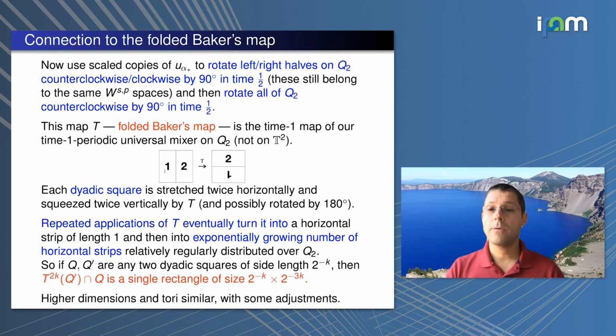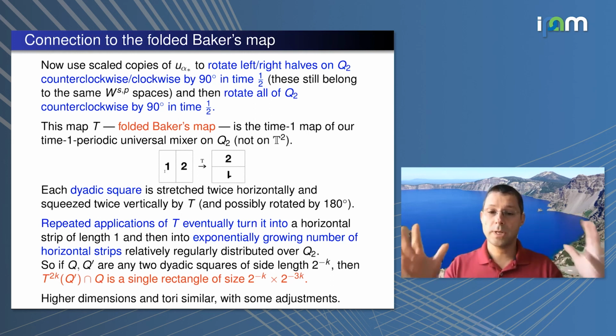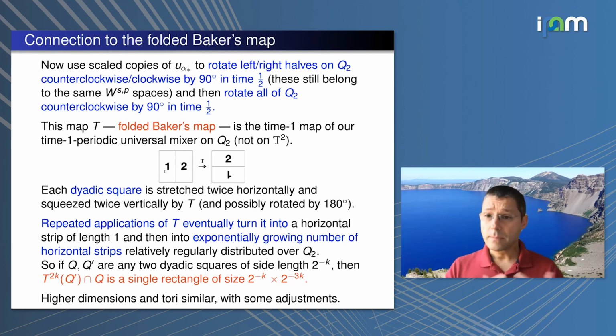And then you apply this map repeatedly, and the rectangle becomes narrower and narrower and longer and longer. And eventually it covers the whole square from left to right, and then it ends up being cut into 2 and turns into 2 strips, and then into 4 strips and 8 strips, etc. And so it's possible, thanks to the explicit nature of this transformation, to track exactly what happens to that rectangle.